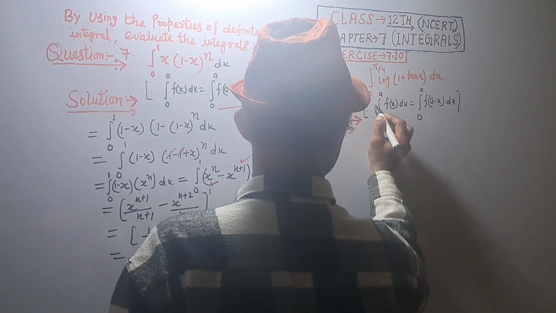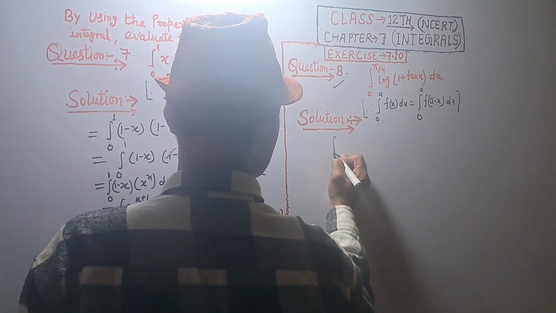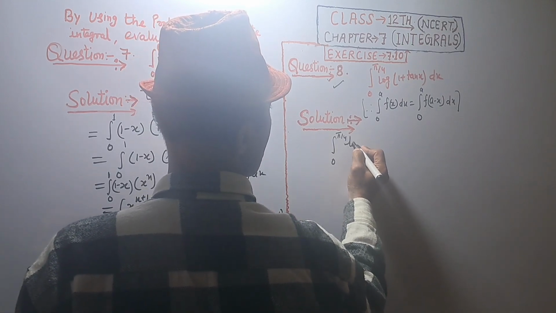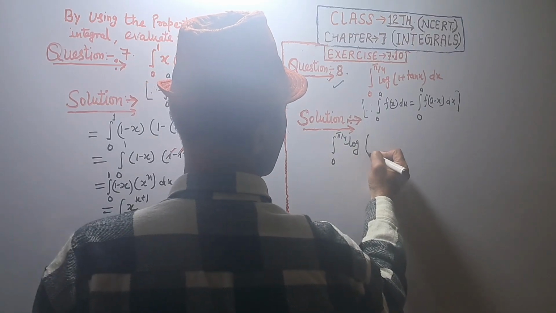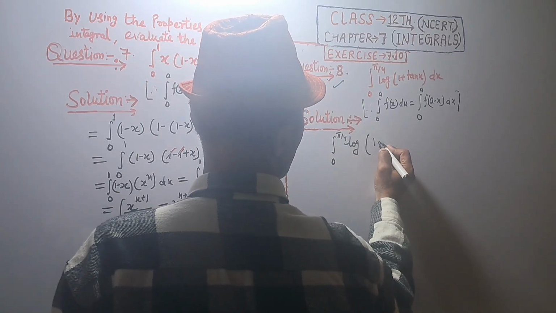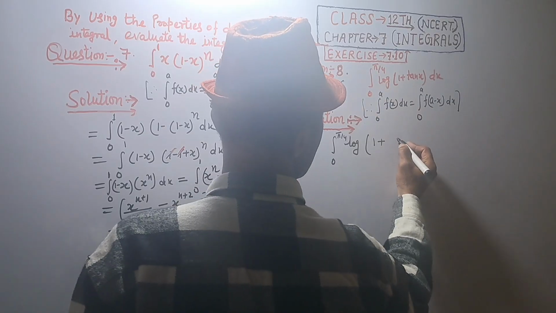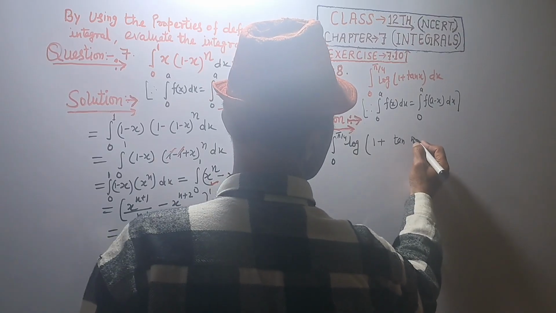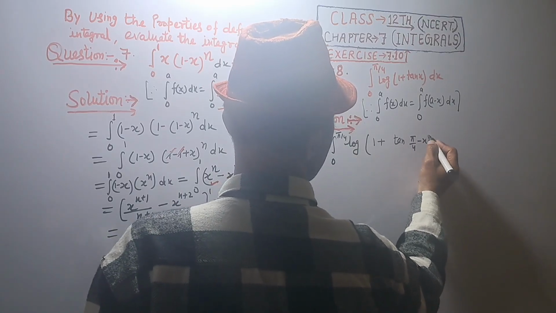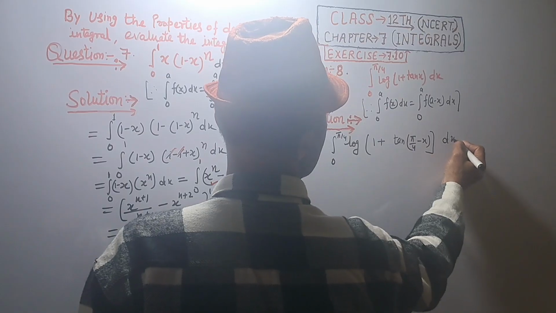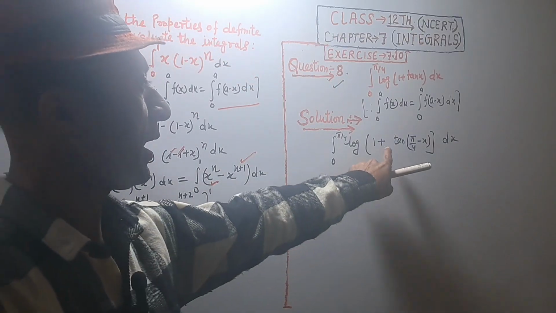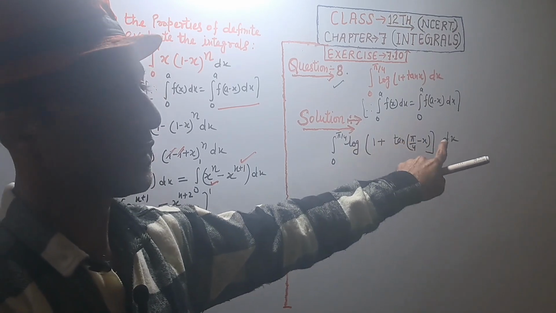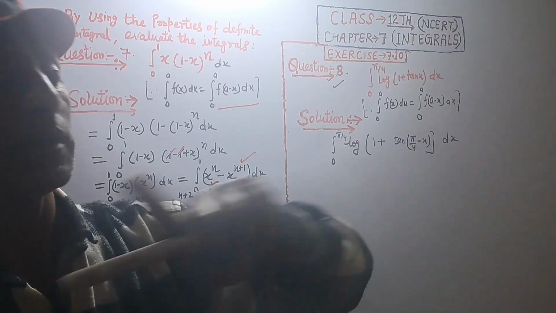We are using the rule: integral 0 to a of f(x) dx is equal to integral 0 to a of f(a minus x) dx. So integral 0 to pi upon 4 of log of 1 plus tan of (pi upon 4 minus x) dx. We know that tan of (45 degree minus x) is equal to tan a minus tan b upon 1 plus tan a tan b.